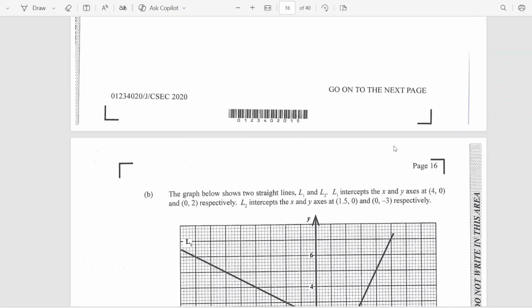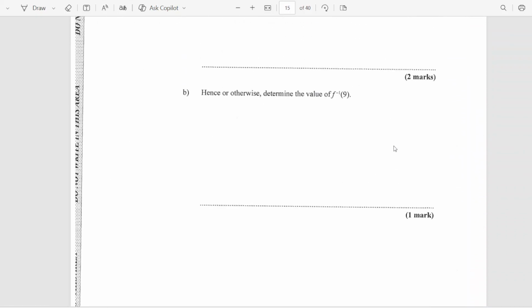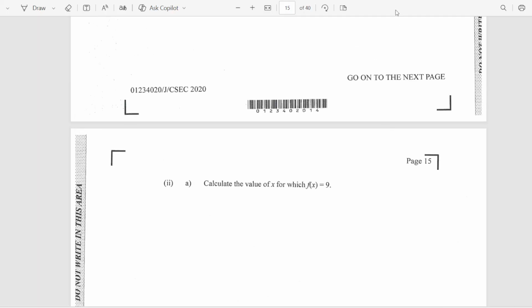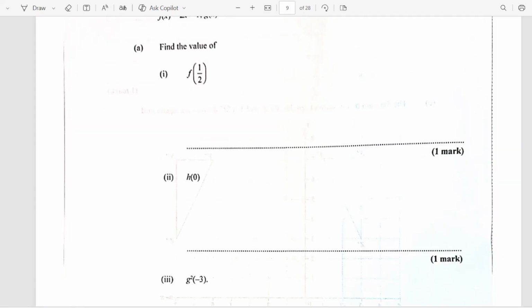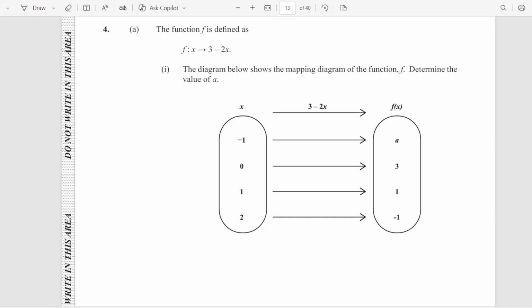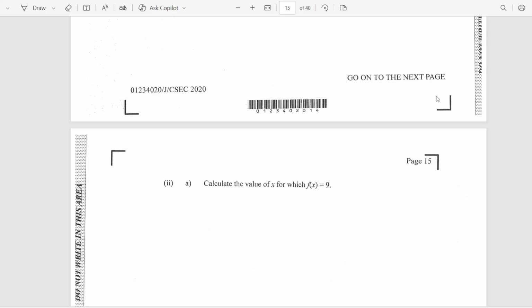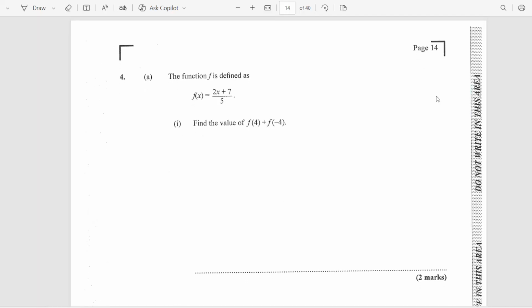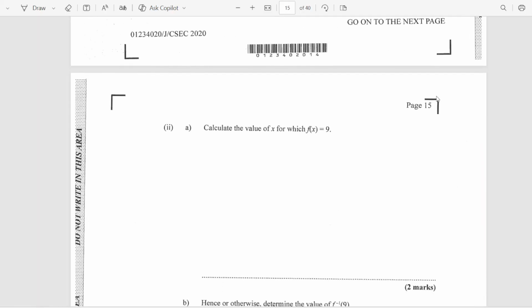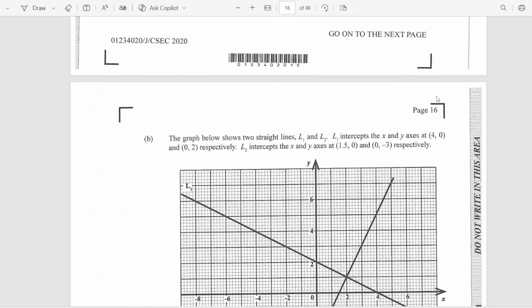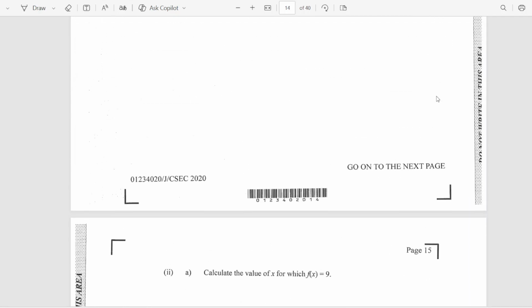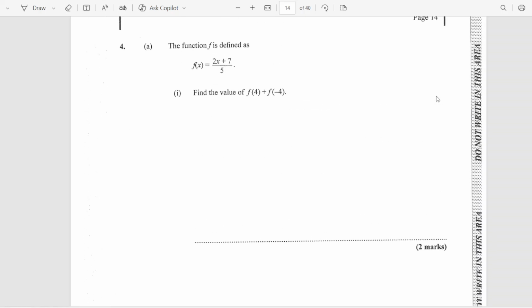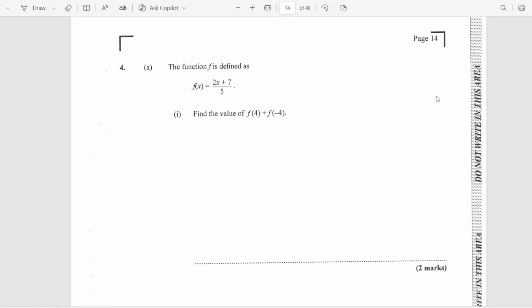Alright, so let us look at 2020. You all could do 2022 and 2021 as practice at home. We're looking at 2020 as the last question for today. It has a function question and a coordinate geometry question. So 6:09. I've given you all 10 minutes, and I will have 10 minutes to correct it.